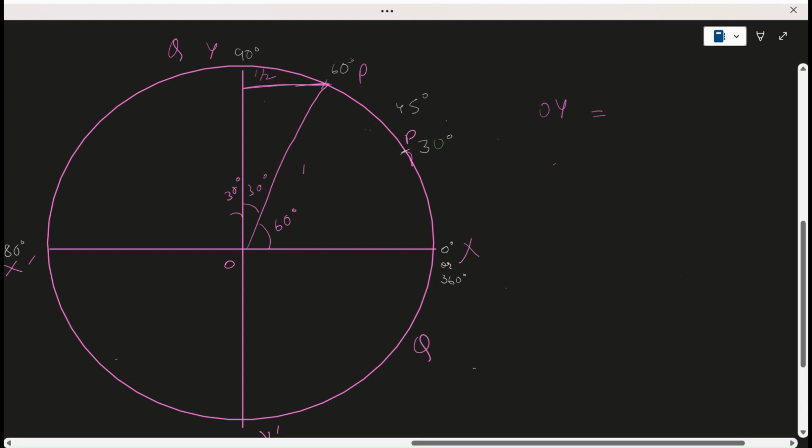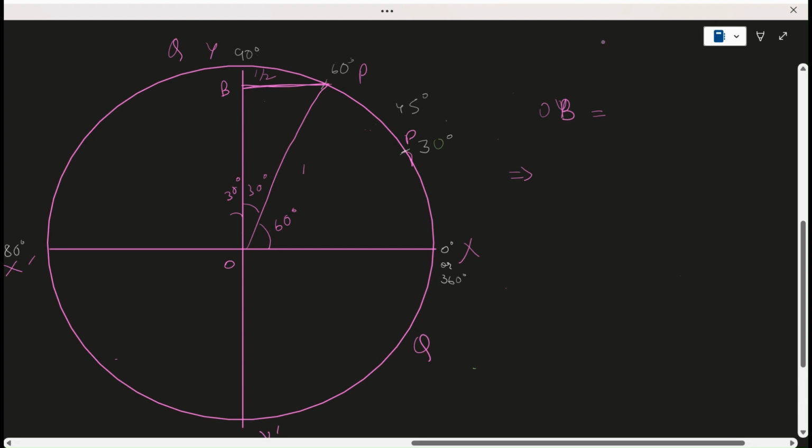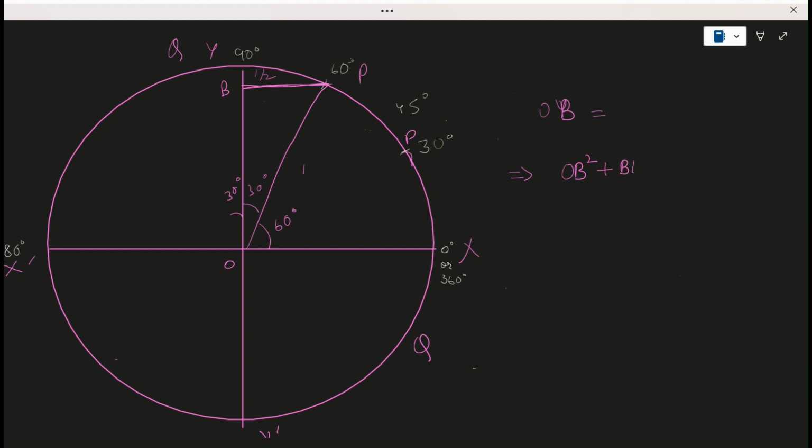So here, right, we again use the Pythagoras theorem. So let this point be B. So we will get OB by the Pythagoras theorem. That will be OB square plus BP square is equal to OP square.